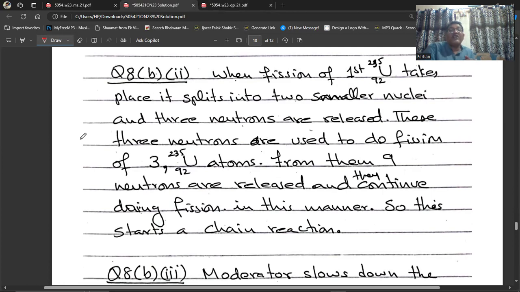These three neutrons are used to do fission of three more uranium-235 atoms. From them, when they do the fission, 9 neutrons are released and they continue doing fission in this manner. So this starts a chain reaction.